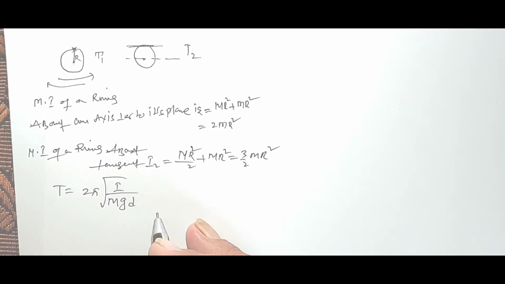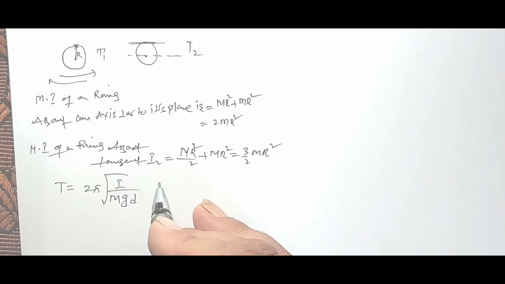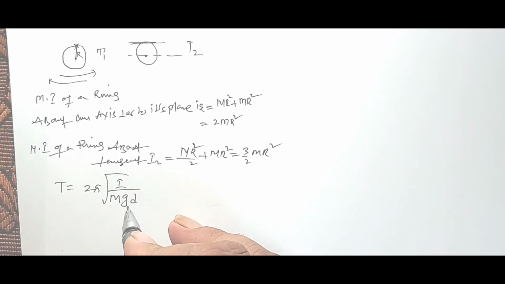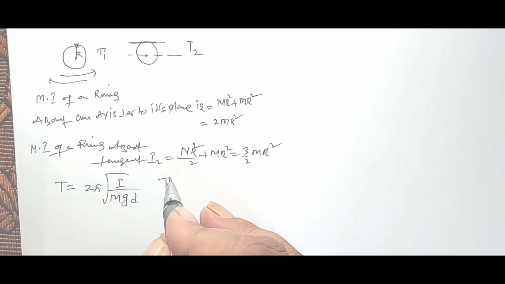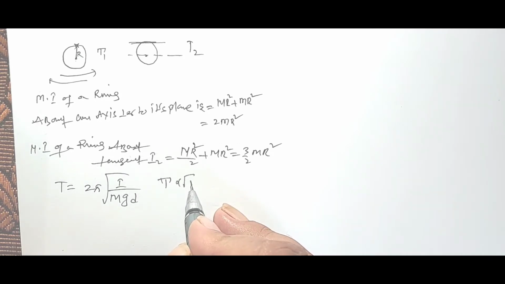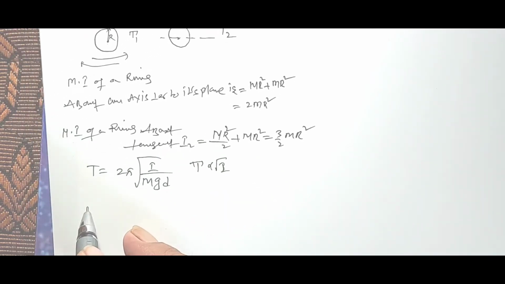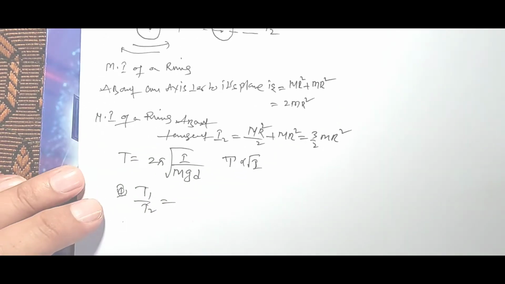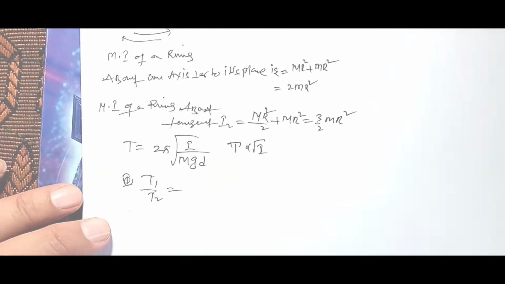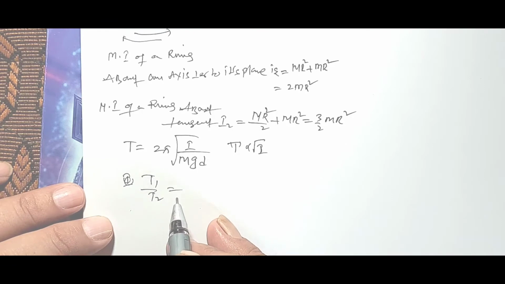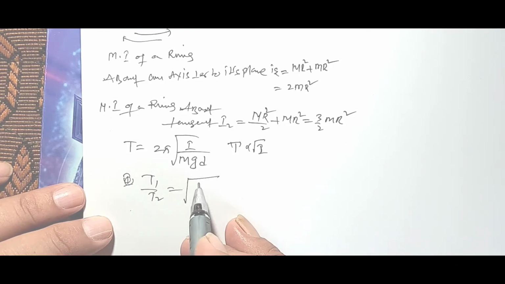So here T is proportional to root I, since the other quantities do not change. Now we write t1 by t2 is equal to square root of I1 by I2.